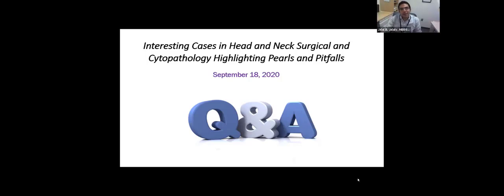In the recent CAP guidelines, the CAP recommends that we no longer give a differentiation for oropharyngeal squamous cell carcinomas, because most of the time it will be labeled as a poorly differentiated squamous cell carcinoma because it does not keratinize.